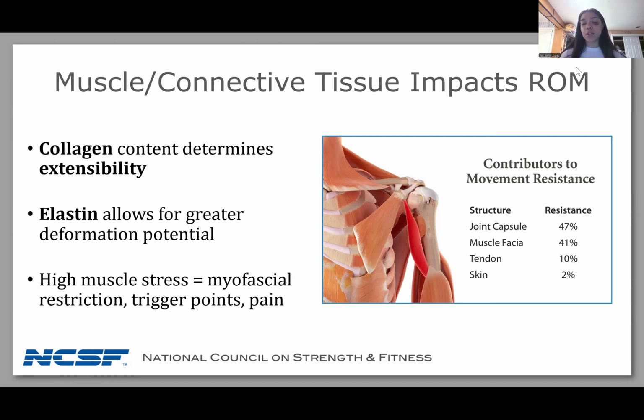We'll get into more of what trigger points are. Remember, myofascial is muscle and fascia, and those two structures together create a knot or a trigger point. So any stress inside of that muscle will create those trigger points or knots, as you usually hear them being called, inside of your muscle.